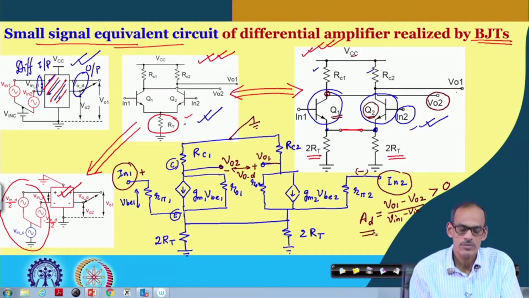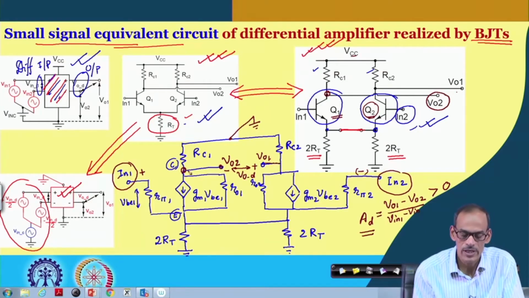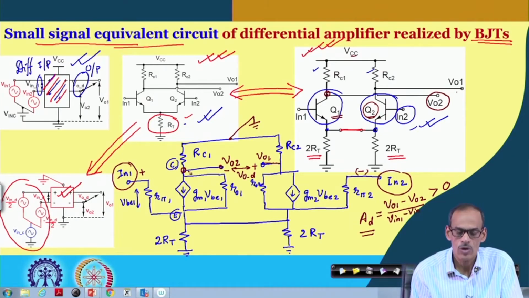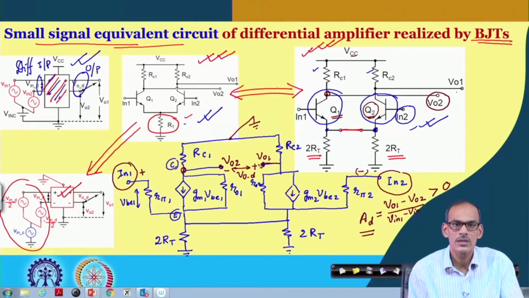In many textbooks we have seen that this voltage is considered as the non-inverting output, and this is considered as the inverting output, and hence in that convention of course AD will be negative. So, it is not so important, it is just a convention, that is all.